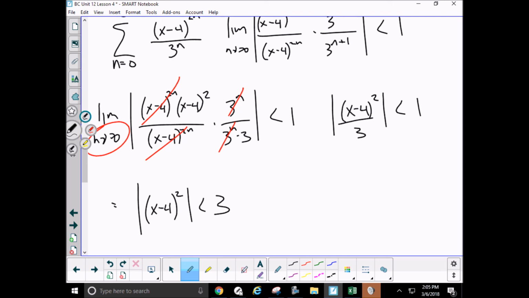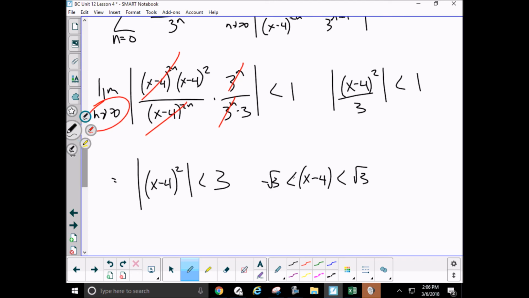When I take the square root of both sides, now I get x minus 4 is less than root 3 and bigger than negative root 3. And then add 4 to both sides. X is less than 4 plus root 3 and bigger than 4 minus root 3.